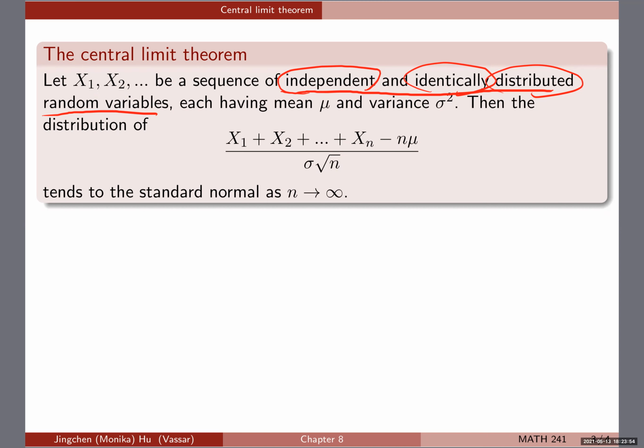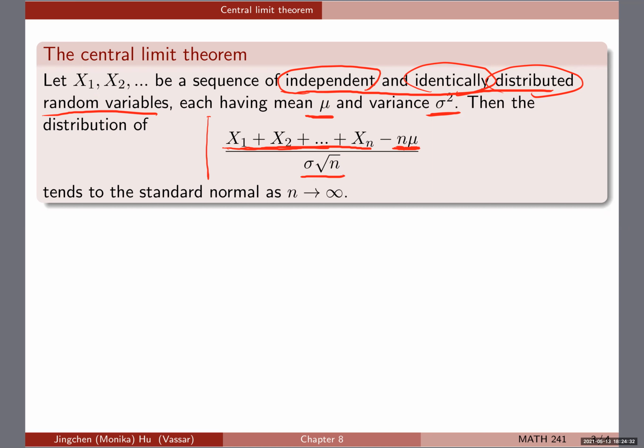What the central limit theorem is saying is that if the random variable has mean mu and variance sigma squared, then the distribution of the sum of all of the random variables, minus n times mu, where mu is the mean, so n times the mean is the average sum, since I have n copies of the random variables, divided by sigma times the square root of n, is going to tend to the standard normal as n increases toward infinity.